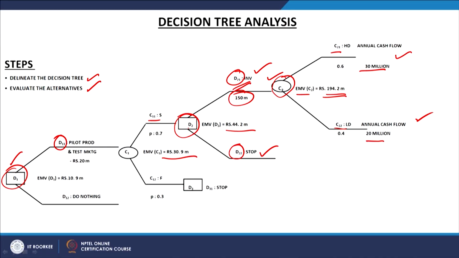and wait for the outcome at the point C1 here, right. So, if the outcome at the point C1 is success, which we have calculated here as having a probability of 70%, it means we go for the decision D11.